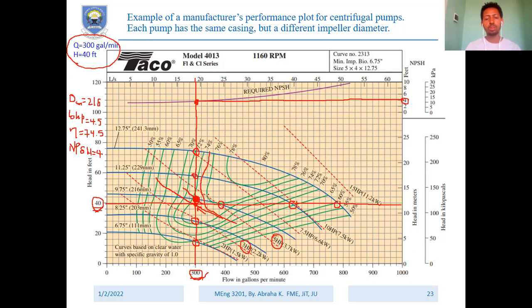If you want to further increase the size of the impeller, it will need further power consumption, and also the efficiency is decreasing. So why do we need to increase the power consumption and decrease the efficiency while we could have the best point at the lower impeller size?